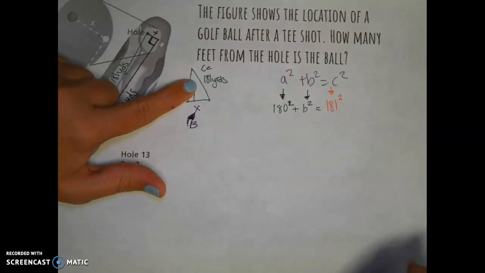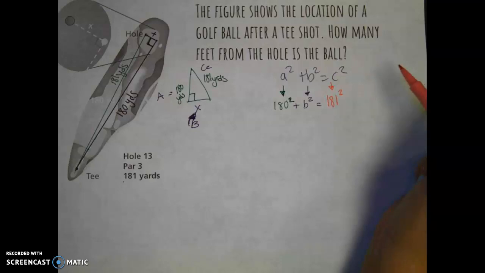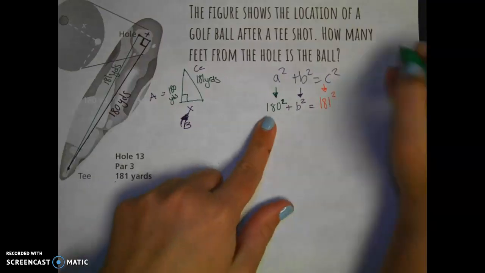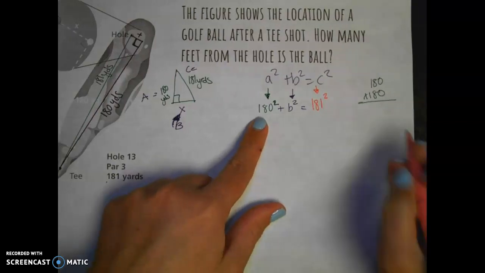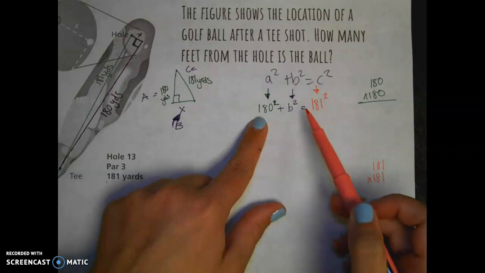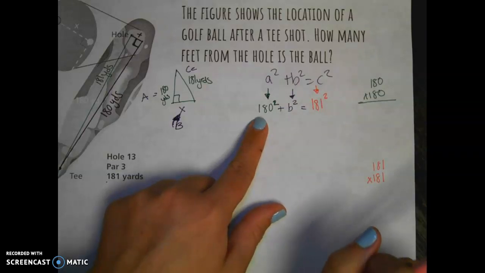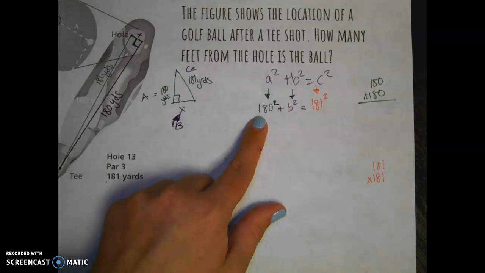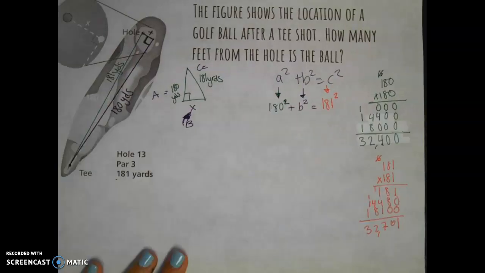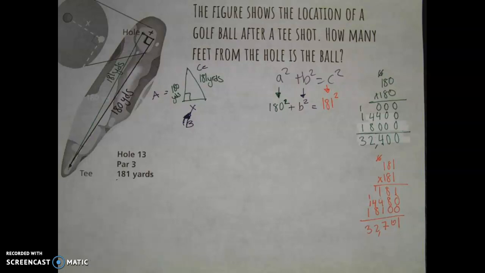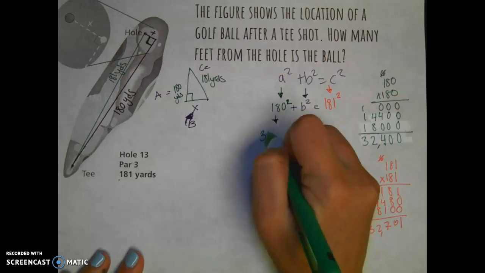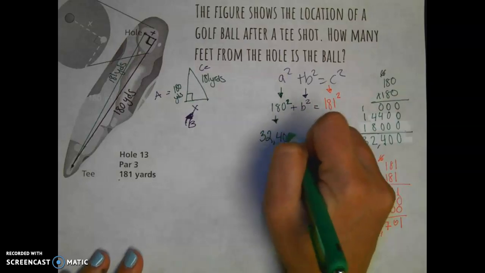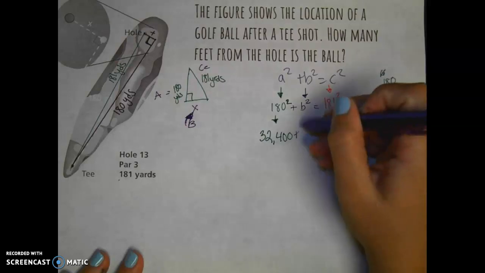In order to show your work and get points, you're going to have to figure out what 180 times 180 is, as well as 181 times 181, because these numbers are squared. So take a second, pause the video, and solve for both. Figure out what 180 squared and 181 squared is. All right, when you multiply those, for 180 times itself, you should have gotten 32,400. Leave the B alone, so bring it straight down.